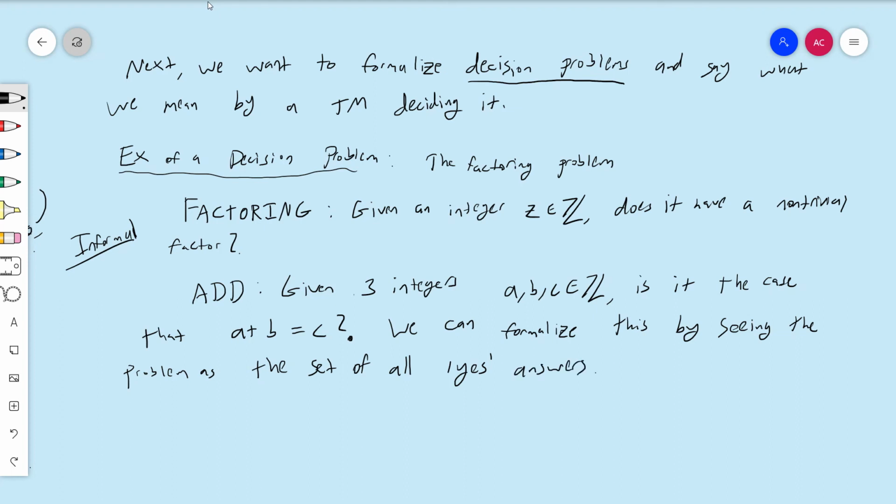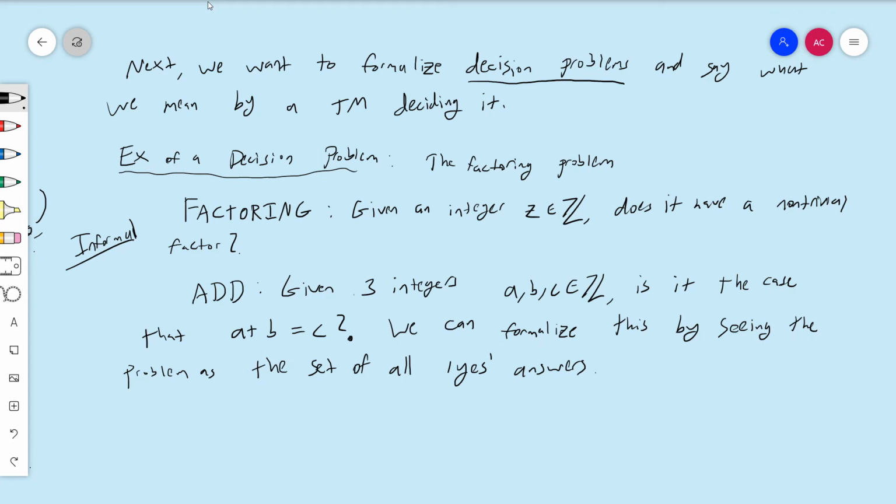In other words, it's a set of strings. A decision problem is a set of strings where the answer is yes if you're in the set, and no if you're not in the set.